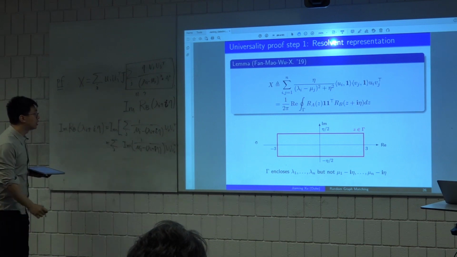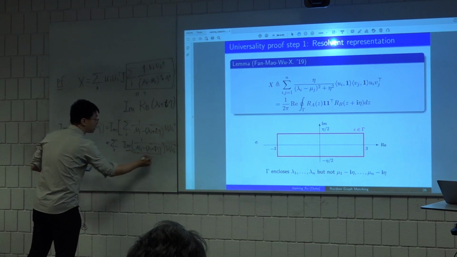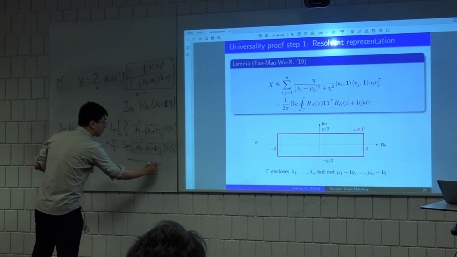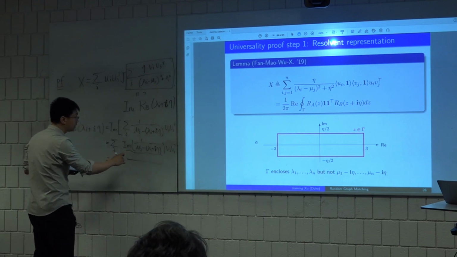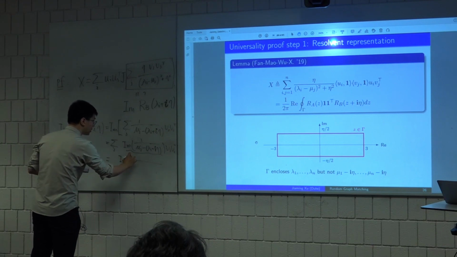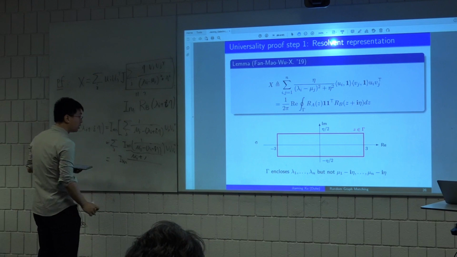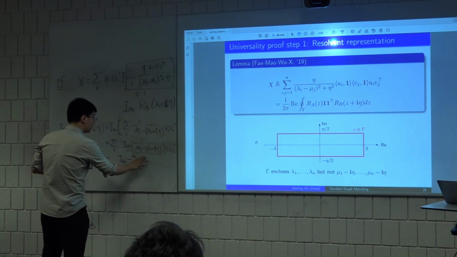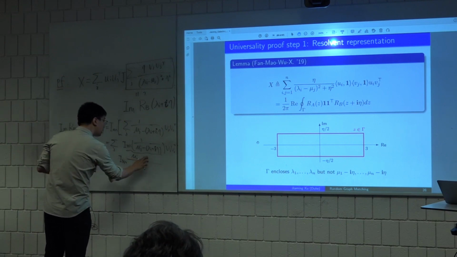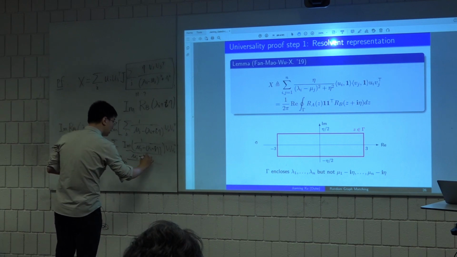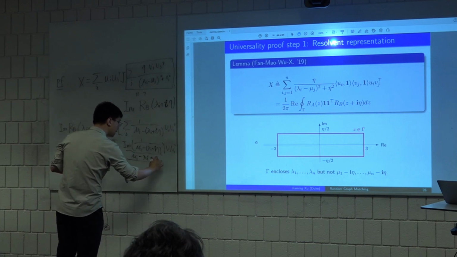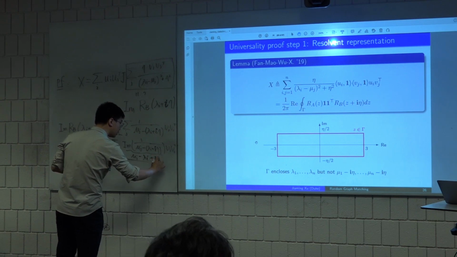Right. Okay, now I can try to evaluate this, right? So the technique is that I can multiply both numerator and denominator by mu_j minus lambda_i plus i eta.